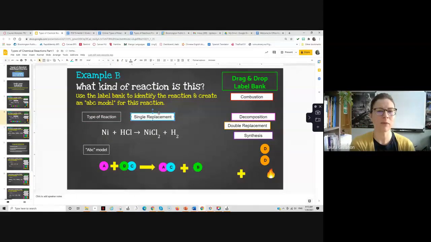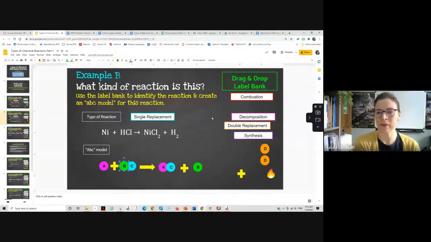There's a couple ways you can remember that this type of reaction is single replacement. The way I like to remember it is it's the only one where you have a single element on both sides and a compound. There's only one replacement happening. A and B are swapping. It's only one swap.